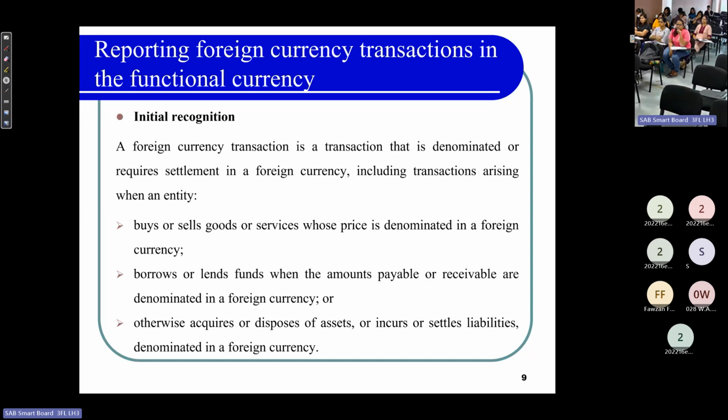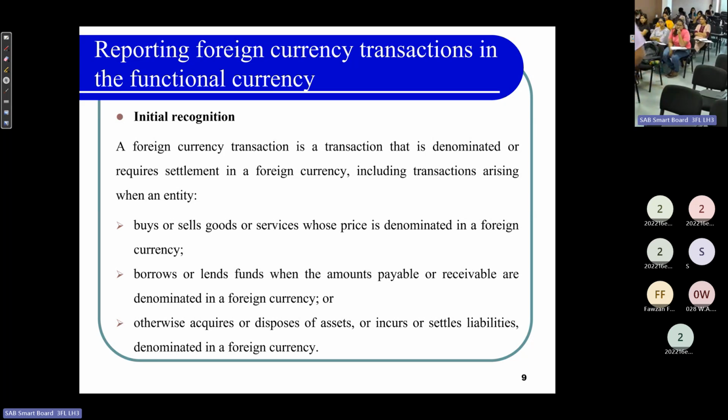A foreign currency transaction is a transaction that is denominated or requires settlement in a foreign currency, including transactions arising when an entity buys or sells goods or services whose price is denominated in foreign currency, borrows or lends funds when amounts payable or receivable are denominated in a foreign currency, or otherwise acquires or disposes of assets or incurs or settles liabilities denominated in foreign currency.